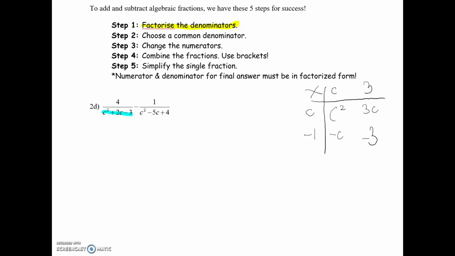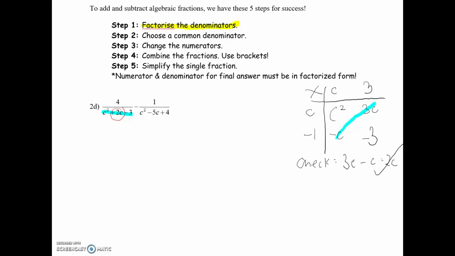Next, let us check if we add these two terms together, it must give us the same as the middle term, which is positive 2c. So therefore, let us check. 3c minus c does give us 2c.